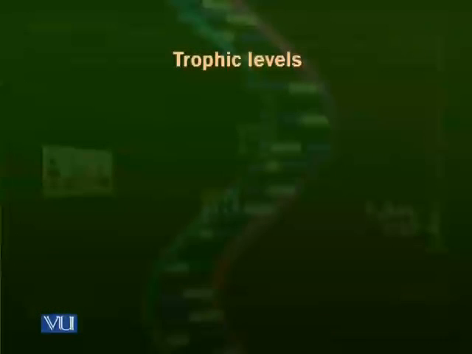If there is a straight feeding relationship, we call it a food chain. If there is a complex feeding relationship, we call it a food web.